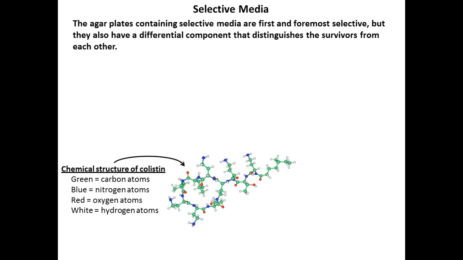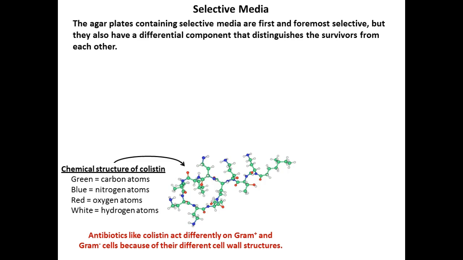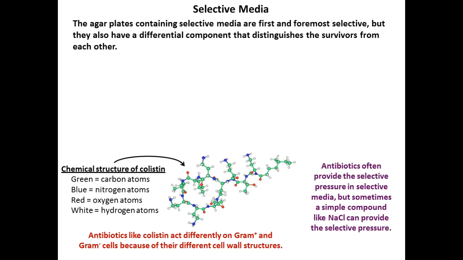So one of the selective agents we used were antibiotics, right? It's going to kill off one group and allow the growth of another group. And again, remember that gram-positives versus gram-negatives, they have those differences in their cell walls, and that's why particularly colistin affects the gram-negatives in the way it does because of that outer membrane that they have.